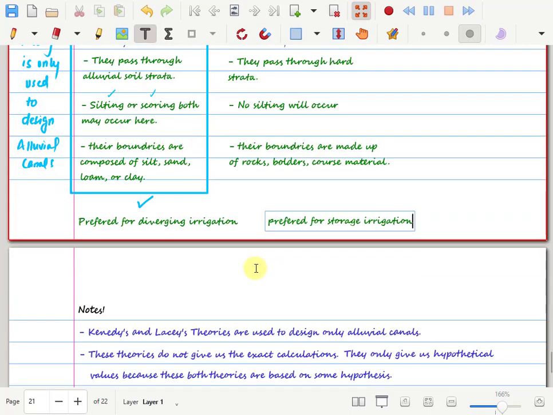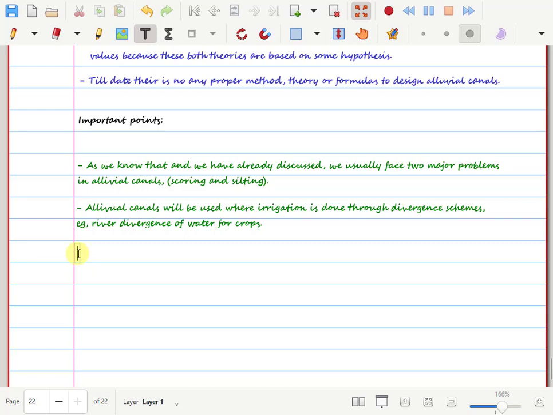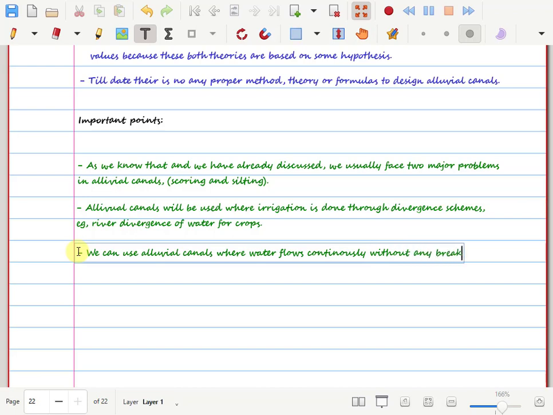Okay, so this was the difference. These were two important points, and you can say that we can use alluvial canals where water flows continuously without any breaks.